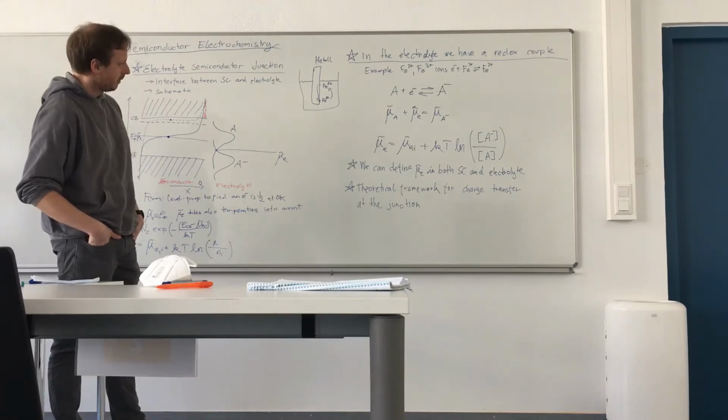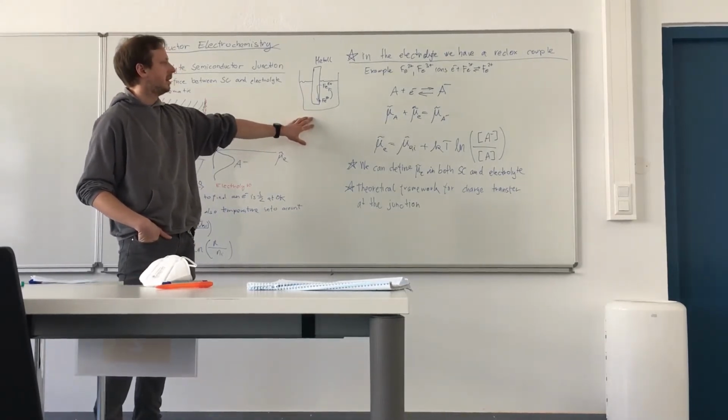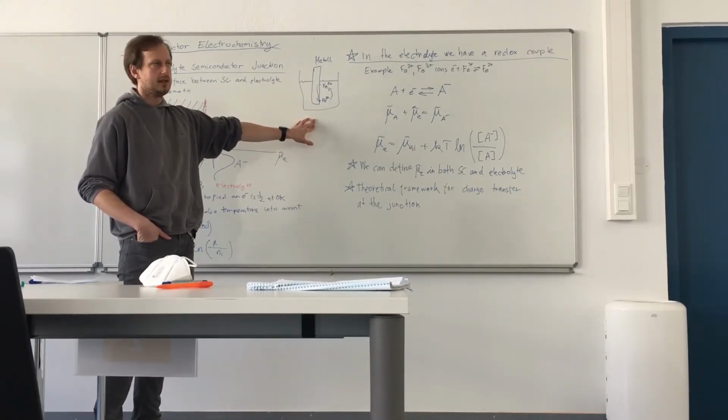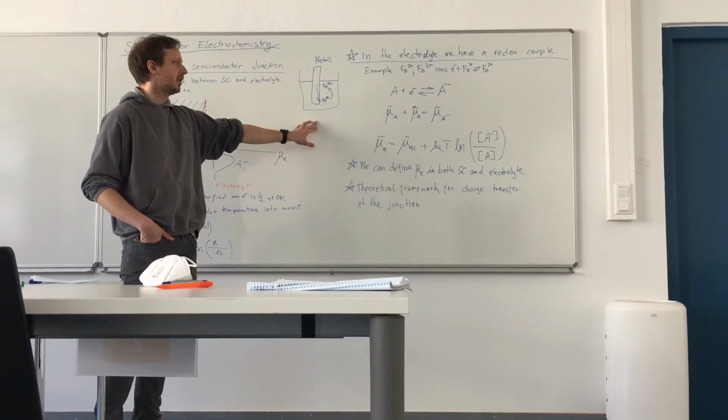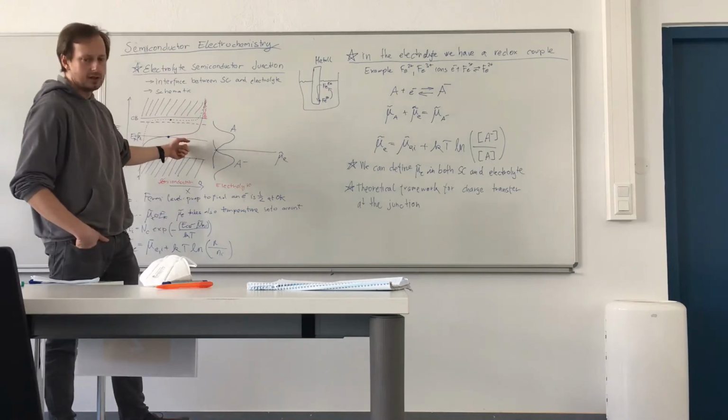One could also say that you have a Fermi level in the electrolyte solution, but the ions in the electrolyte solutions do not follow the Fermi-Dirac statistics. Some theoreticians say you can also assign a Fermi level to the solution, but I think there is an agreement that you are very safe when you're talking about the electrochemical potential here and the electrochemical potential here.